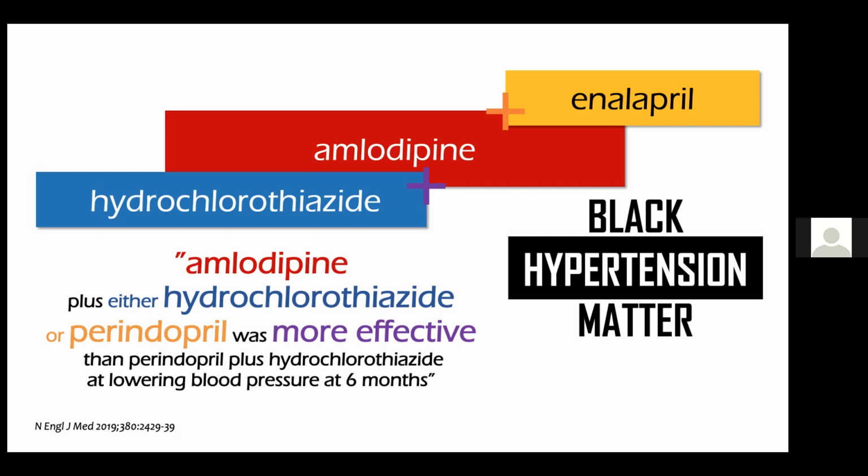So now that we've learned that most of our patients will require combined therapy from the get-go, and because the majority of our patients are Black, the most effective combination that we should be going for will be either amlodipine and enalapril or amlodipine and hydrochlorothiazide as a first choice for Black patients with hypertension.